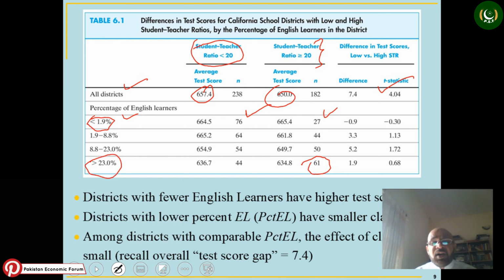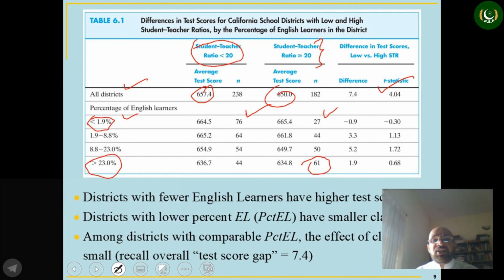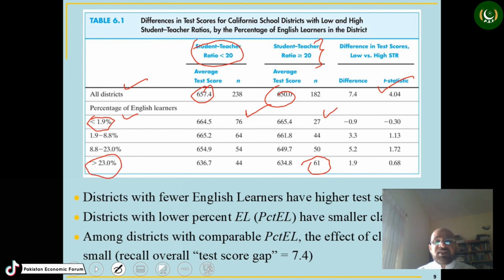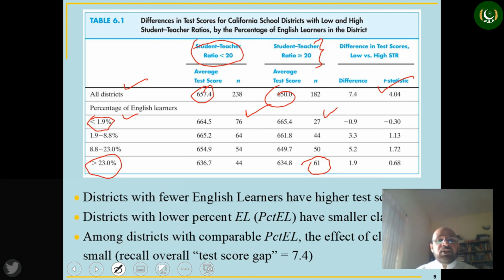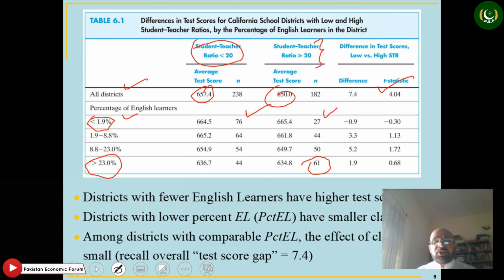So as the percentage of English learners increases, student teacher ratio increases. So student teacher ratio and percentage English learners are correlated with each other. That we also find out later on, the correlation between English learner percentage and student teacher ratio.